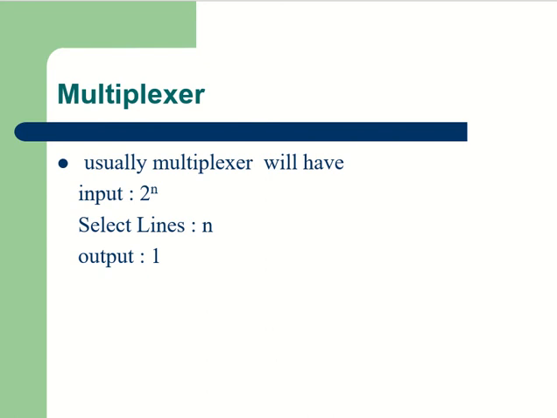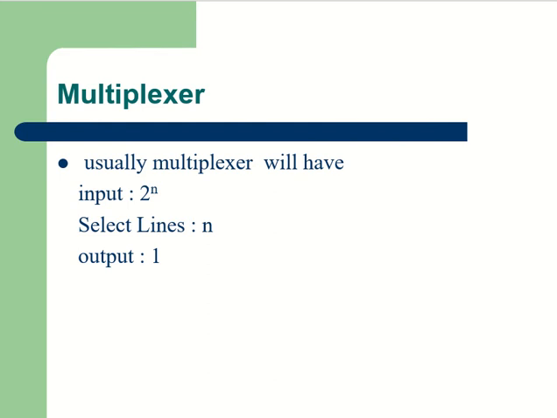Output is always 1. So based on the value of n, we'll have different types of multiplexers. Usually we have 2 is to 1 multiplexer, 4 is to 1 multiplexer, 8 is to 1 multiplexer, 16 is to 1 multiplexer. Depending upon requirement, we'll be using different types of multiplexer.